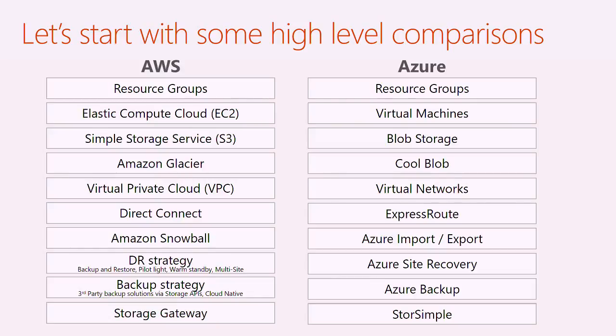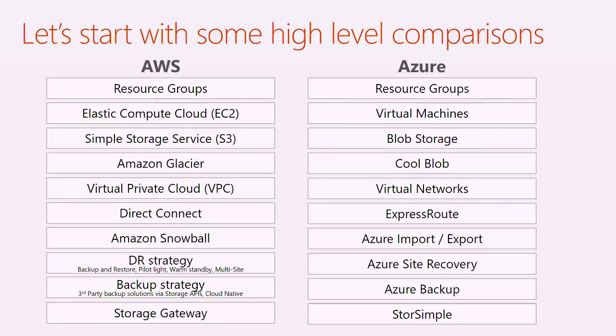So the areas you'd be looking at with DR and backup with Amazon and Azure would be the Glacier storage, the cool blob storage, Amazon Snowball, Azure import/export. They're fairly similar features and products to get your data into the cloud, for instance.